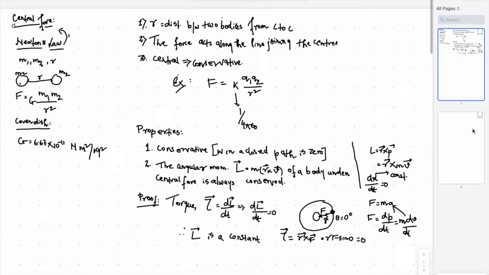So the next thing is the third property, and the third property talks about the potential energy in a central force. A body is rotating, so it will have kinetic as well as potential energy.